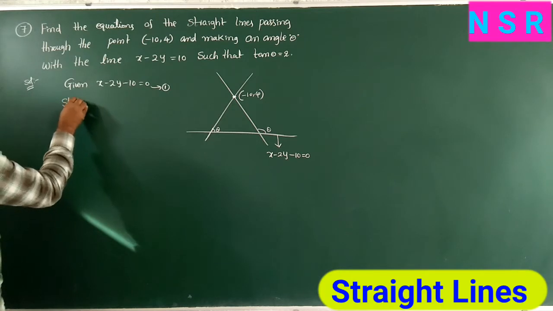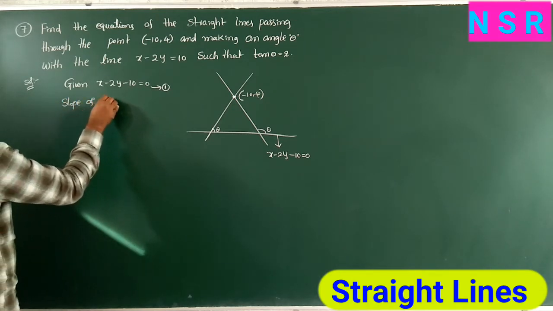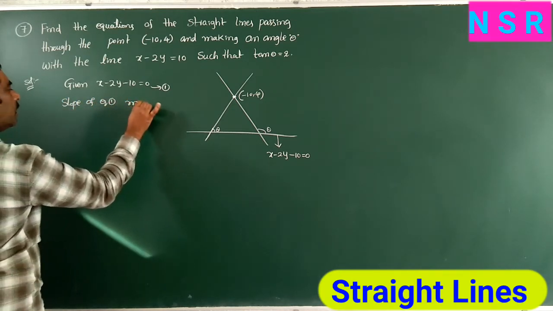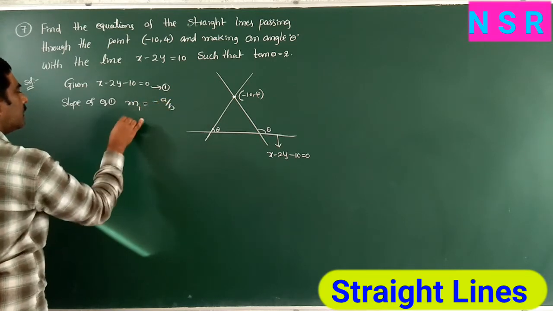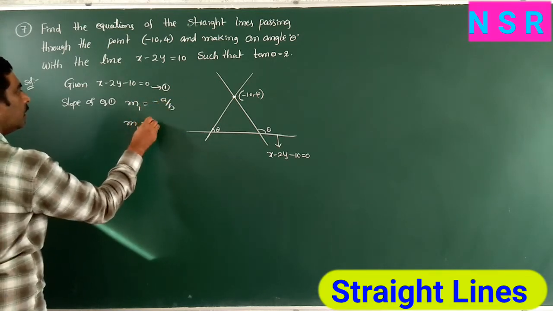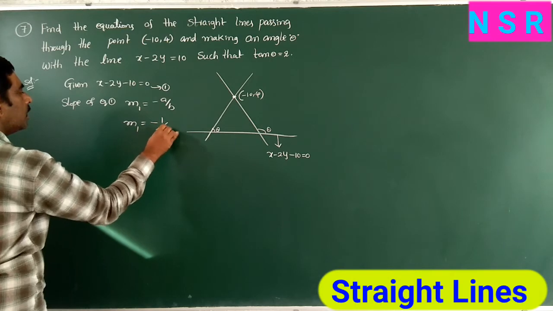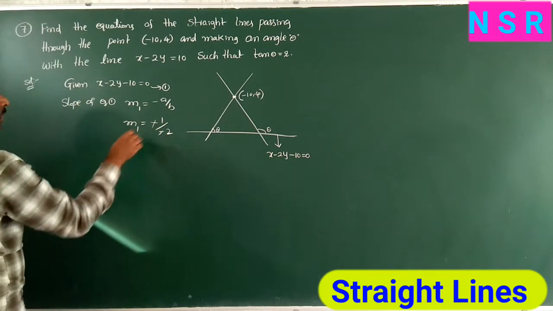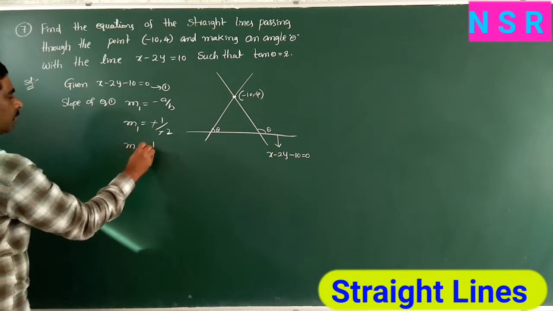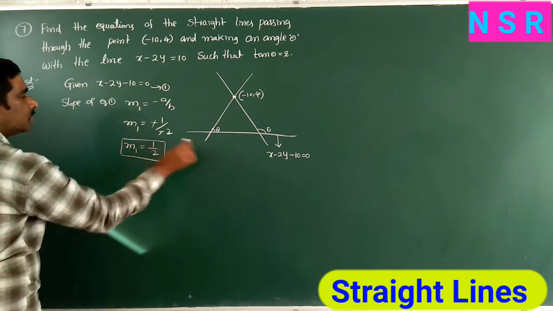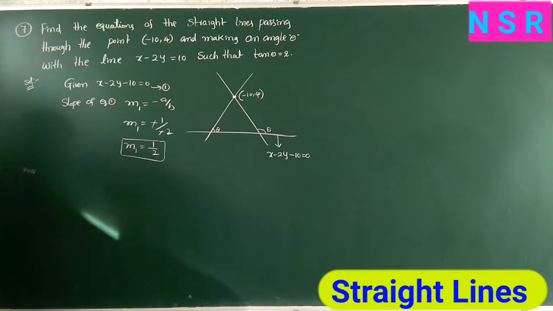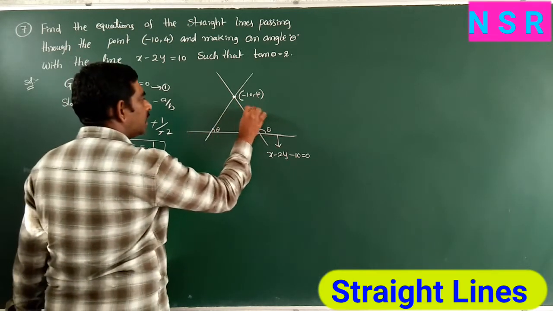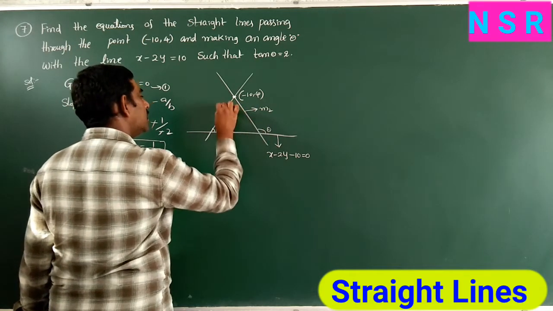Now slope of equation 1, we are considering m1 equal to minus a by b. Now m1 equal to minus 1 by minus 2, here a value 1, b value minus 2. Now minus minus get cancelled, m1 equal to 1 by 2. So this is slope of this line.